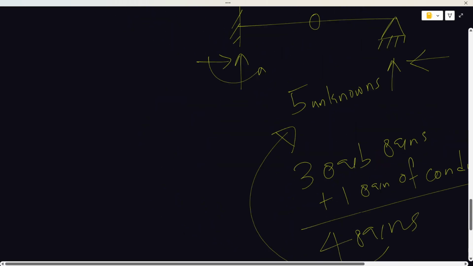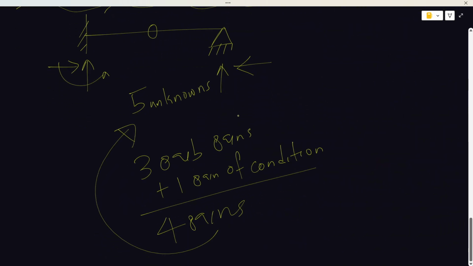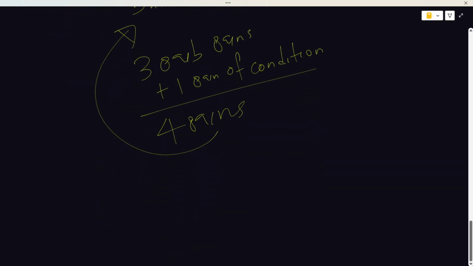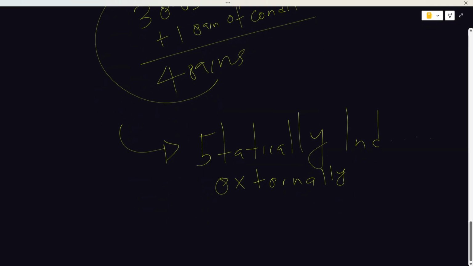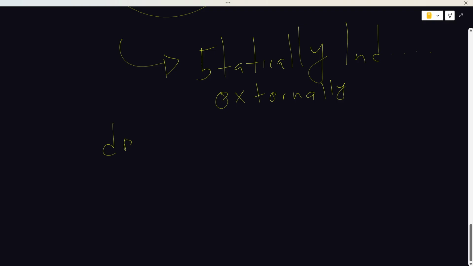So even with this extra equation, it still cannot solve for these 5 unknowns. So we can say that the beam is statically indeterminate externally. It has a degree of indeterminacy of 1, because just 1 is left, if you looked at the first thing in the video.